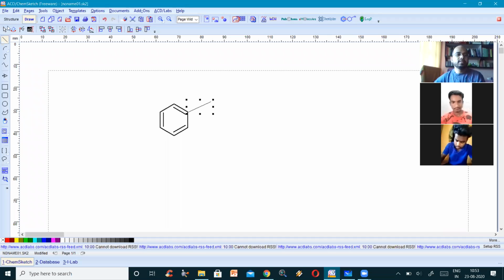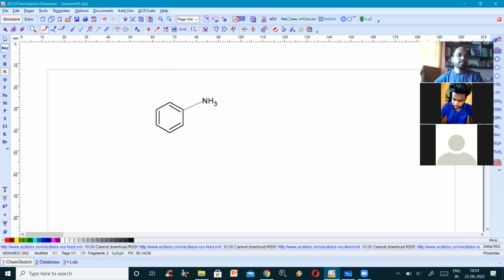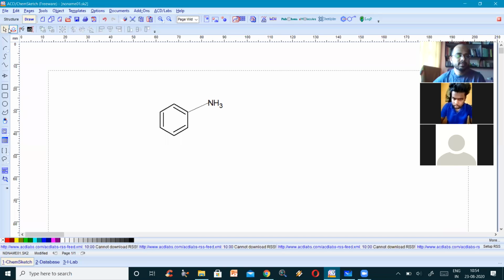Okay. In the structure section, I'll just click this. Now you get the structure. It can be drawn. You can shift the bond and you can shift this molecule. You can play with these things.